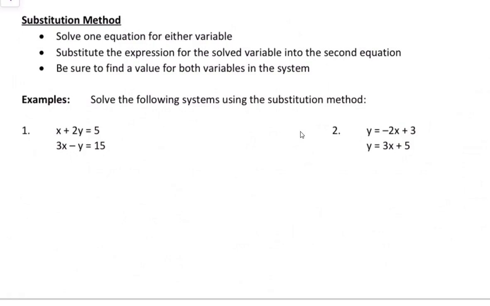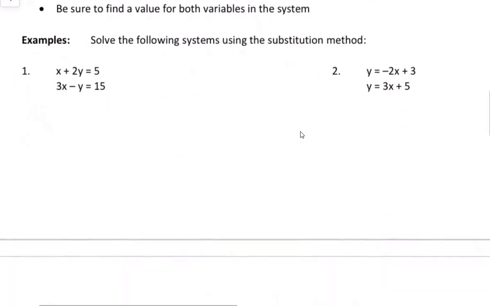So let's look at that first example. The first thing I want is to identify a variable in one of those equations that has a coefficient of 1. So this x right here has a coefficient of 1. So that's the variable that I'm going to start with, and I'm going to get that variable alone on one side. So to do that, I just need to subtract that 2y from both sides.